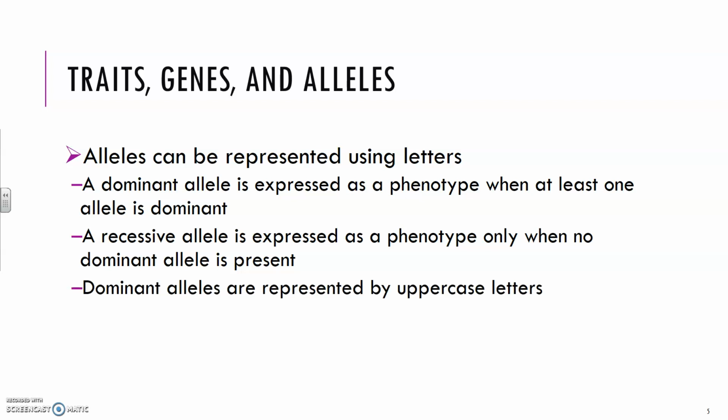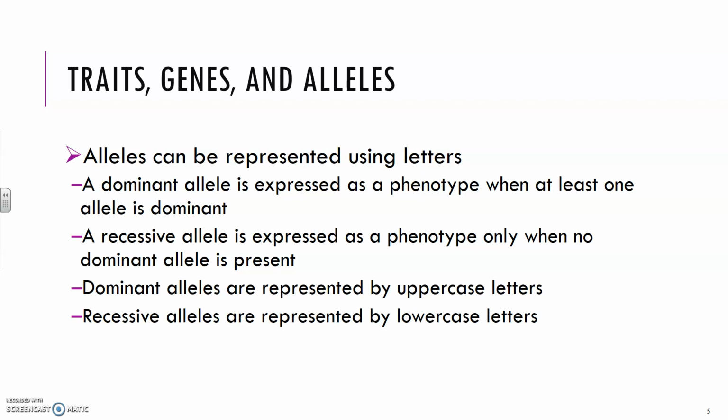So dominant alleles are represented by uppercase letters, recessive are represented by lowercase. Okay, so dominant phenotype will be expressed if you are homozygous dominant, so you have 2 alleles for the dominant allele, or if you're heterozygous, so you have 1 dominant, 1 recessive. Recessive phenotypes will only be presented if the genotype is homozygous recessive.